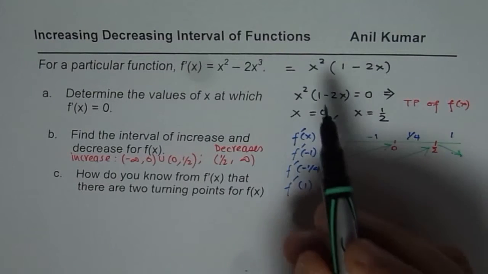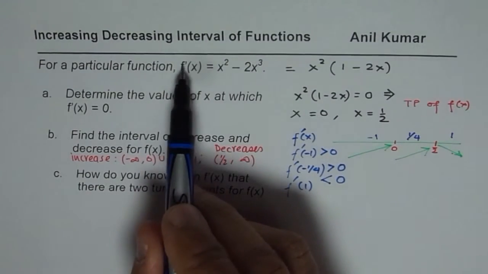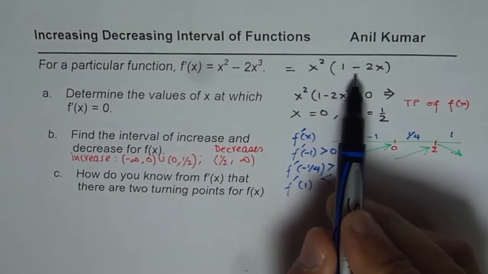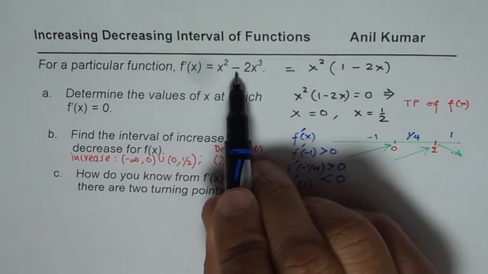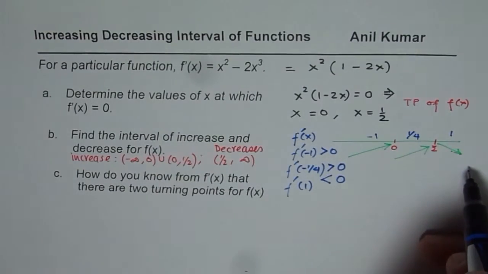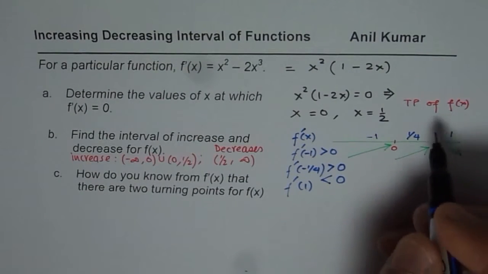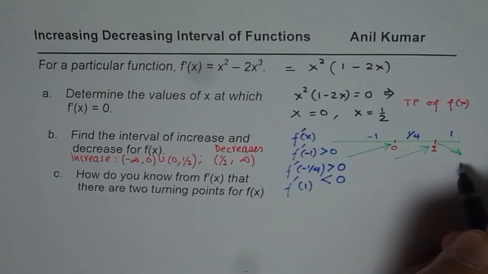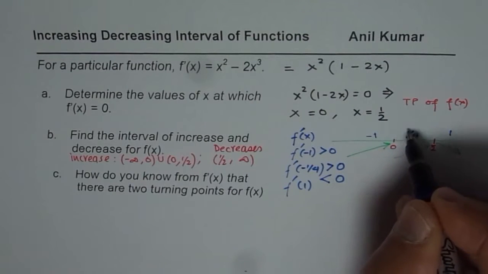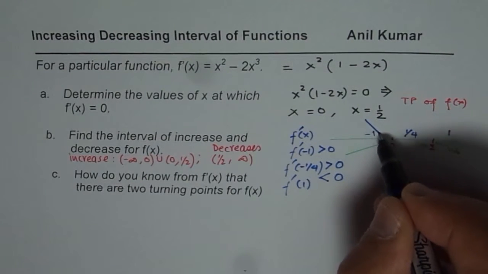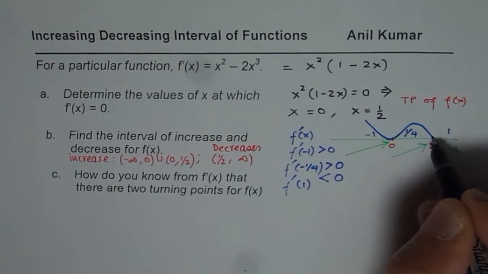Well, you could also sketch this and get a similar result. We have the derivative as x squared times 1 minus 2x. The leading coefficient is negative, so the right side is down, and the factor 1 minus 2x is linear, so it will cross the graph here, and the graph bounces back from the turning point at 0.